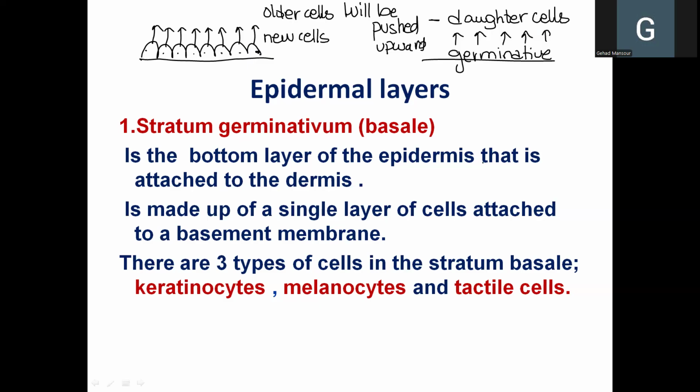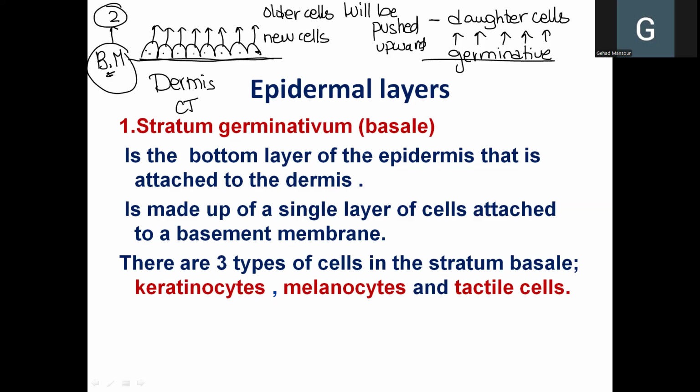So the stratum germinativum is the bottom layer of the epidermis. And by the way, as I said before, this is the basement membrane. The basement membrane is a connective tissue layer that attaches the bottom layer of the epidermis to the underlying dermis. The dermis is also made of connective tissue. So actually, the basement membrane has two functions.